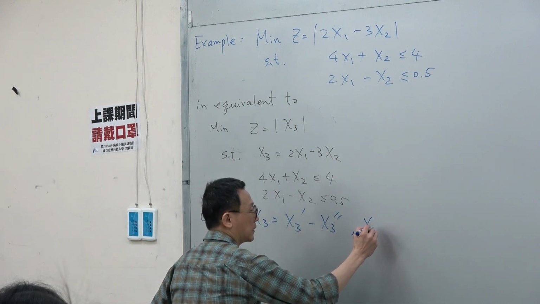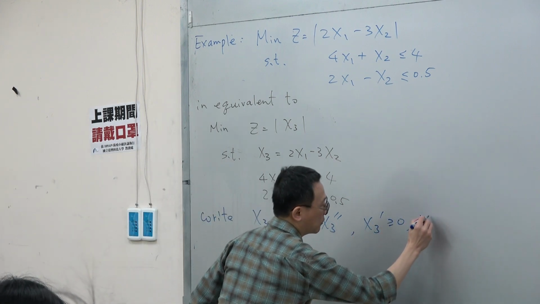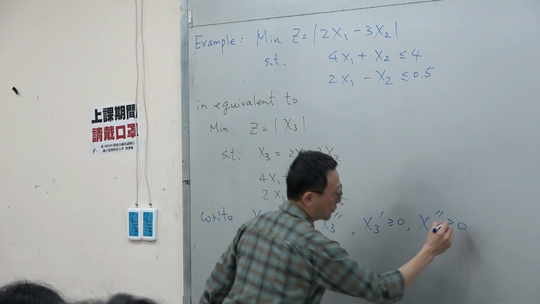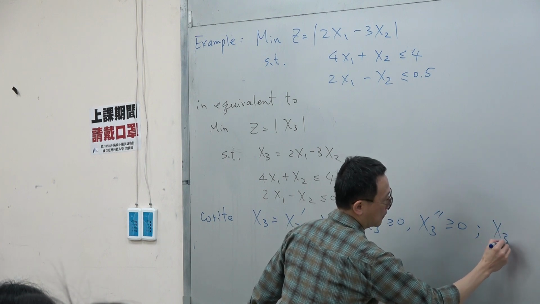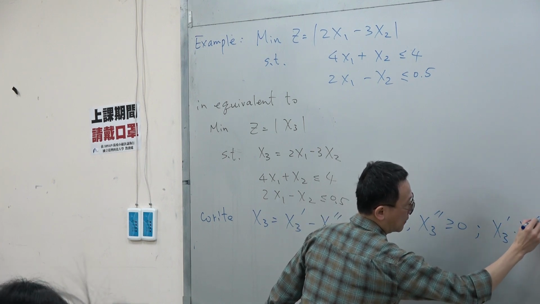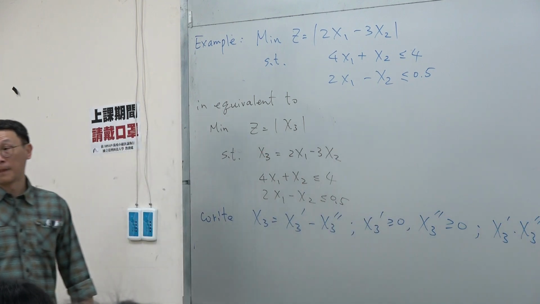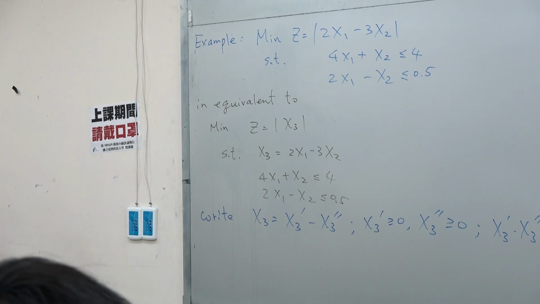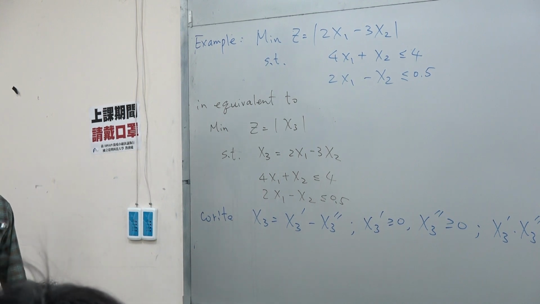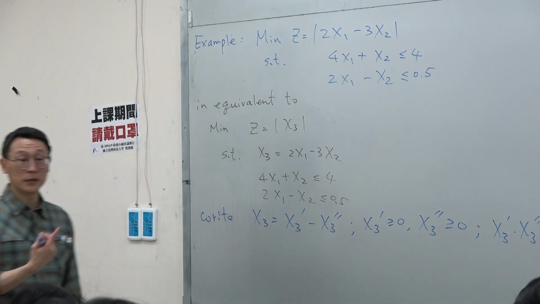And we let x3 prime be greater than or equal to 0, and x3 double prime be greater than or equal to 0. And also, okay, example.